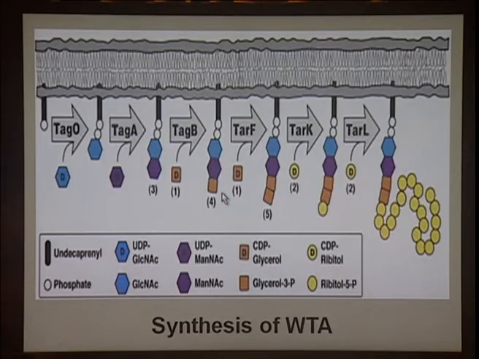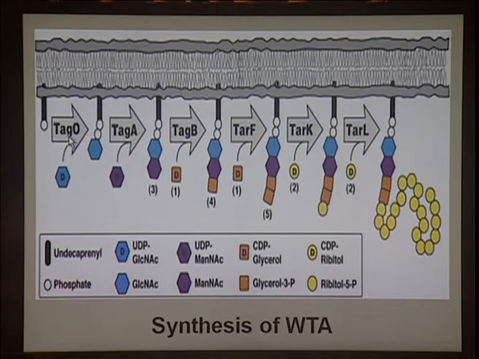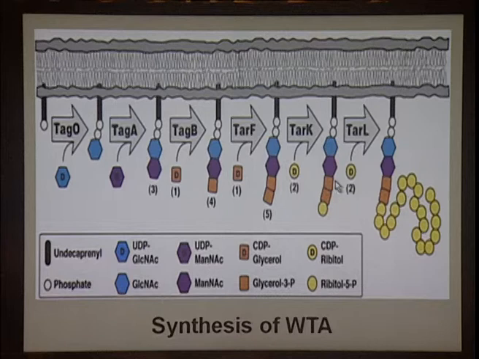So, sugar residues will gradually get attached, namely the glucose and the mannose residue, followed by the glycerol, and then this 2-glycerol residue followed by the long ribitol residue. And this step, you can see, is controlled by the Tag proteins, TagO, TagA, TagB, and then TarF and TarK will complete the formation of this glycerol sugar residue, and finally it is TarL which will continue its activity until it produces a long chain of the wall teichoic acid.